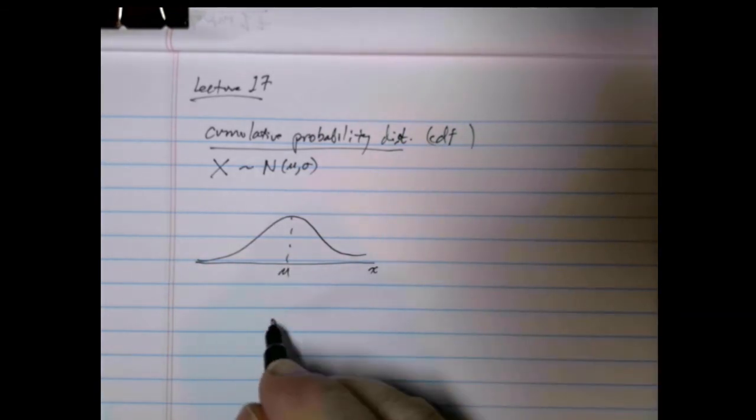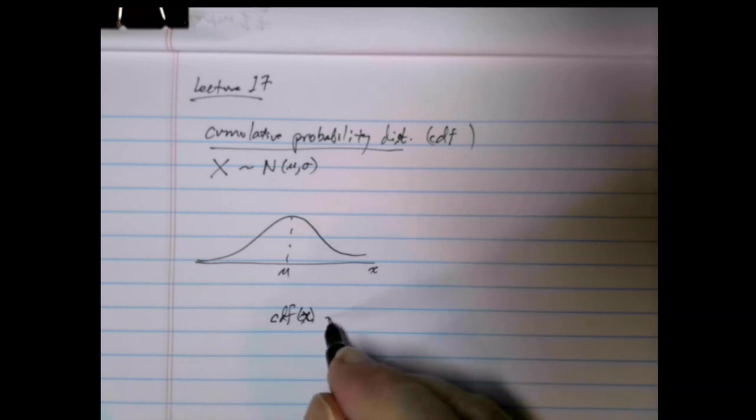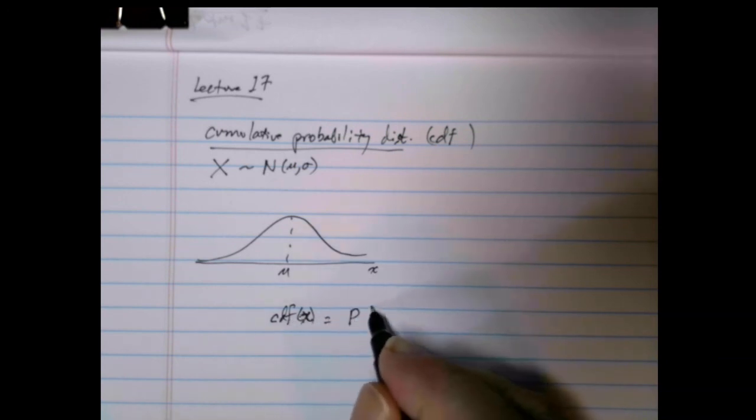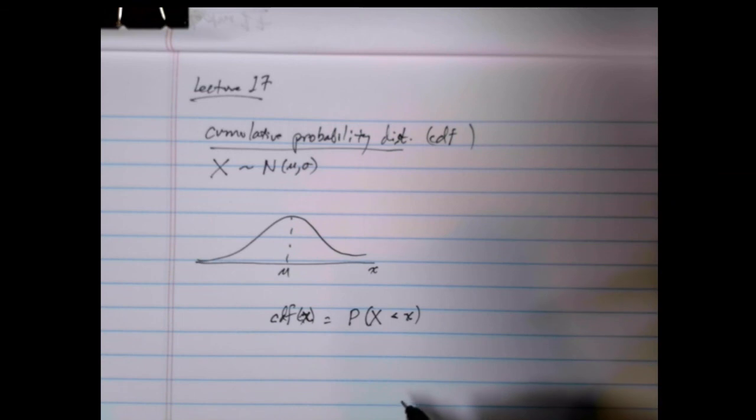Well, the CDF of x is a function, that's a lowercase x. The CDF function at x is the probability that the random variable x is less than the value little x.